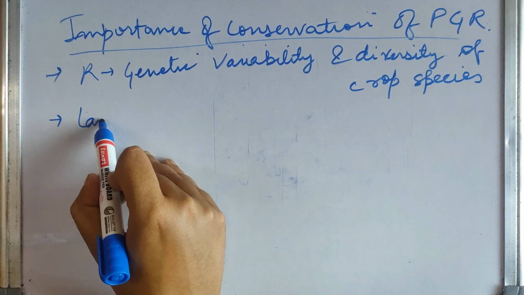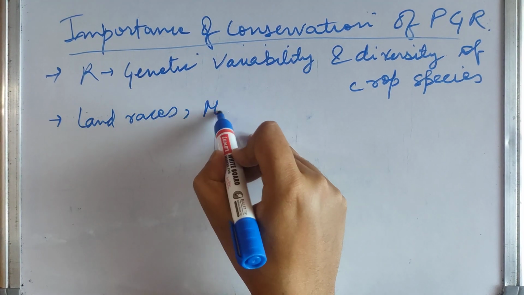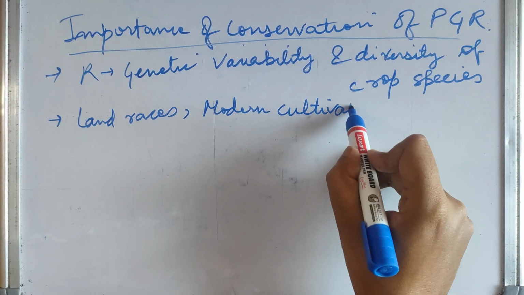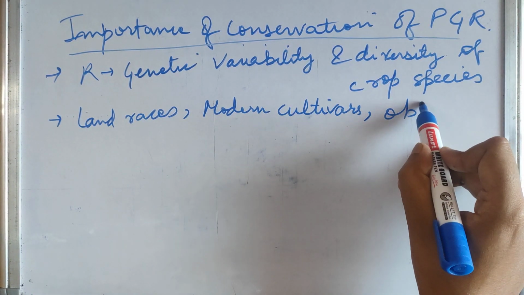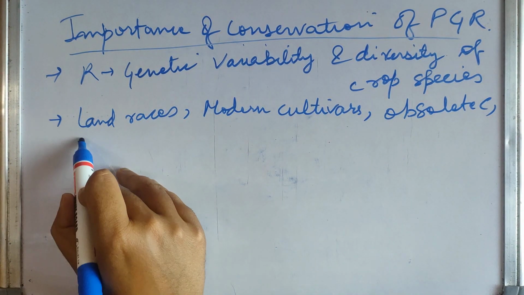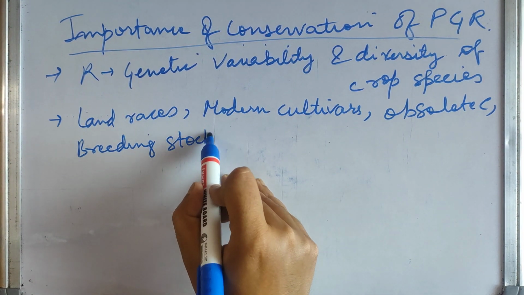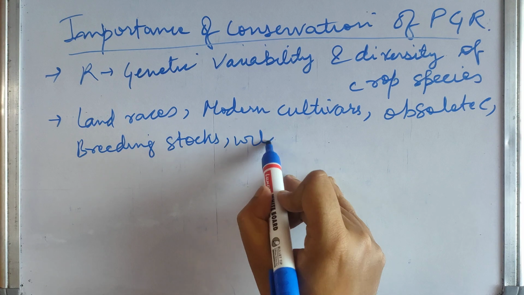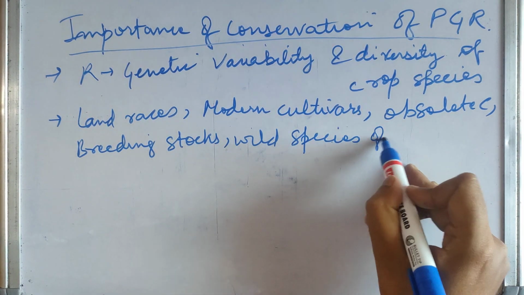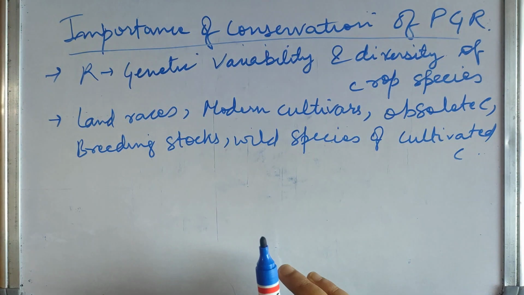It consists of land races, modern cultivars, obsolete cultivars, breeding stocks, and wild species of cultivated crops.